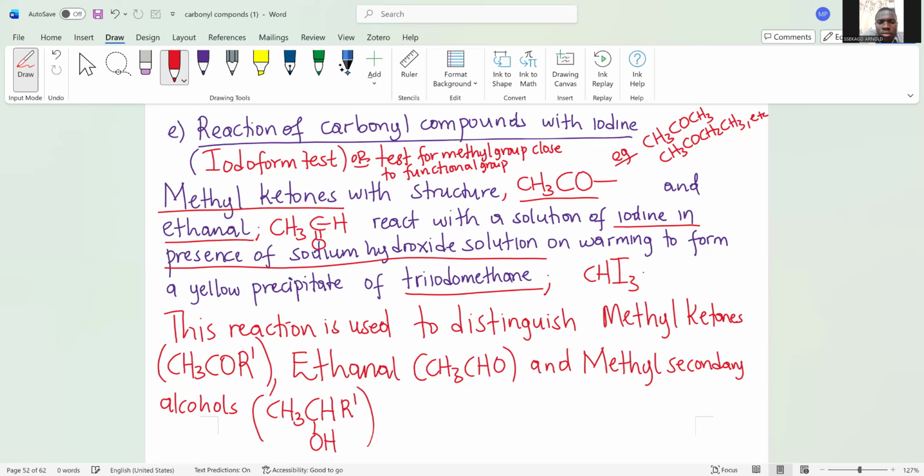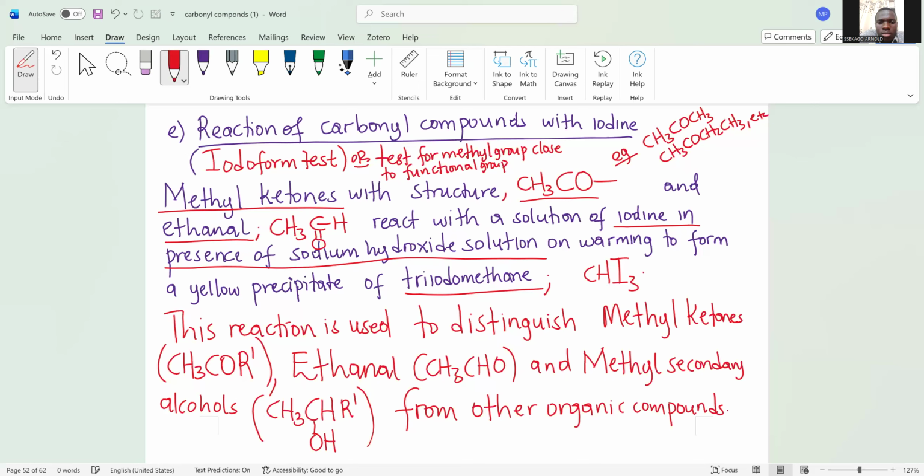So this reaction is used to distinguish methyl ketones, ethanal, and methyl secondary alcohols from other organic compounds.